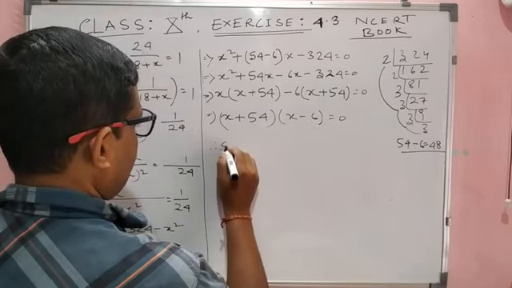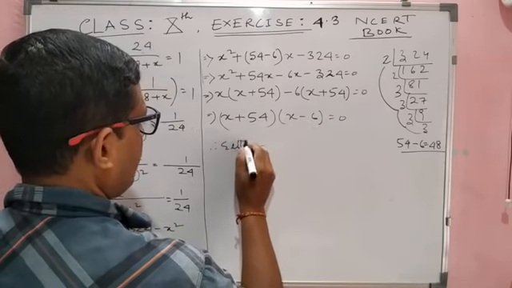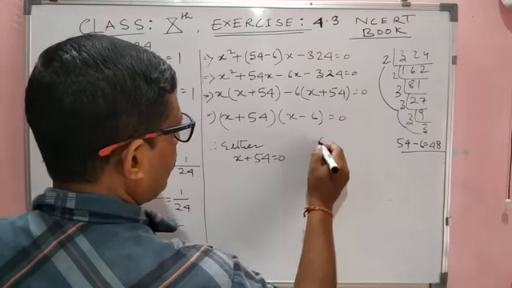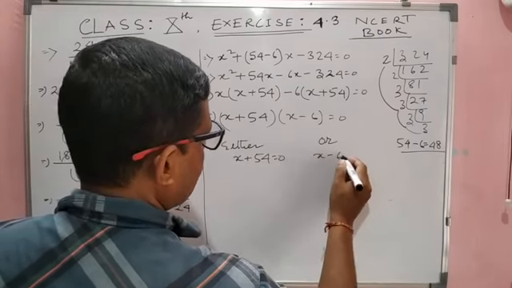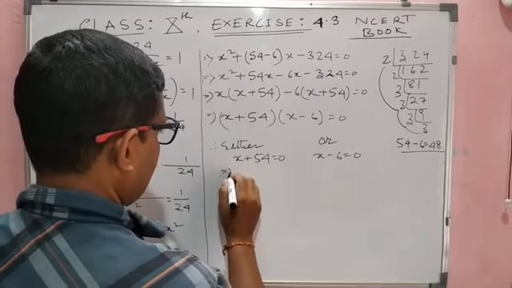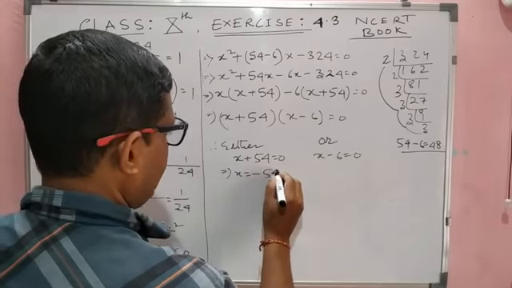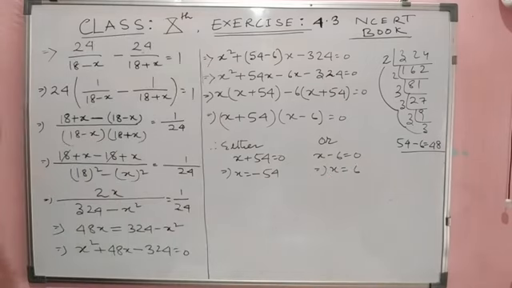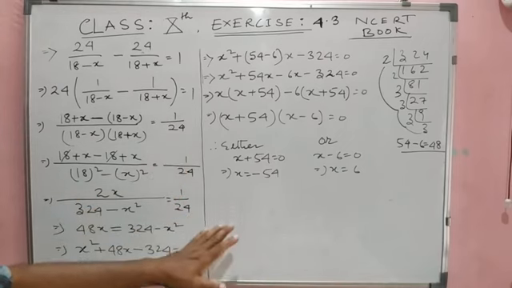So therefore either x plus 54 equal to 0 or x minus 6 equal to 0. This implies that x equal to minus 54 and x equal to 6. Now we have chosen that x is the speed of the stream.